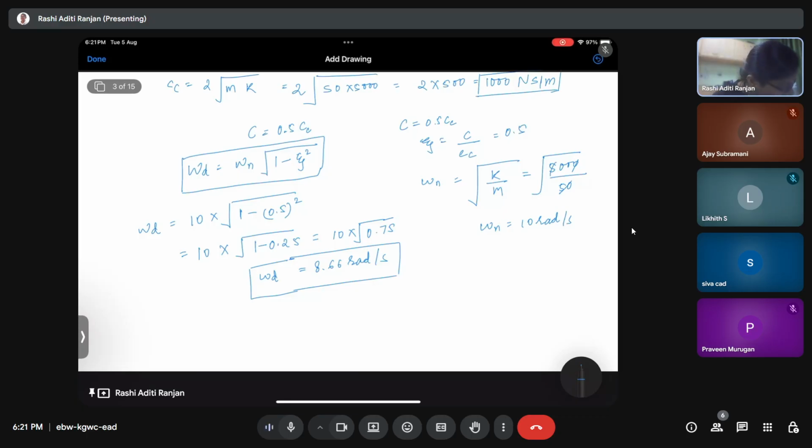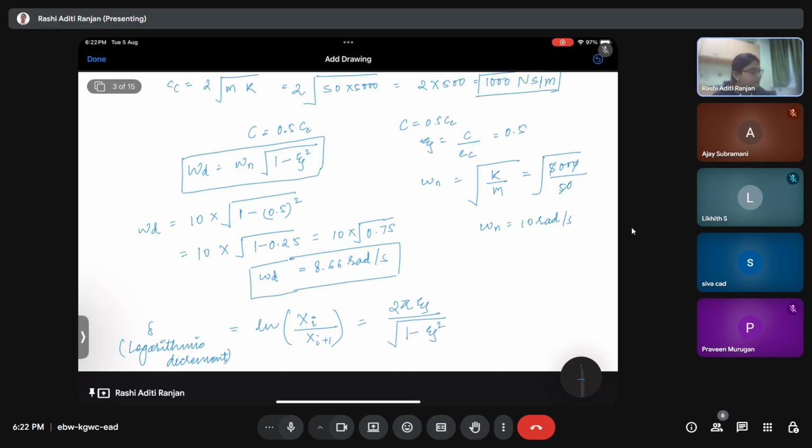And we say that delta, which is the logarithmic decrement, is written as ln of xi divided by xi plus 1, and this is given as nothing but 2 pi eta divided by under root of 1 minus eta square.